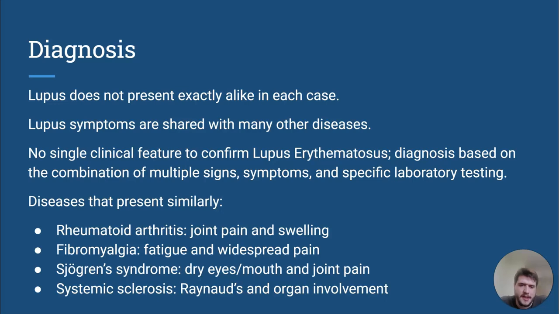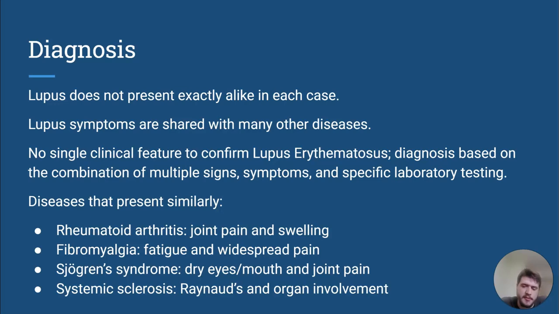So lupus diagnosis is very hard to do because it does not present the exact same in each case. And then on the same note, its symptoms are shared with many other diseases. And they have still not located a single clinical feature to be like, that's absolutely lupus.